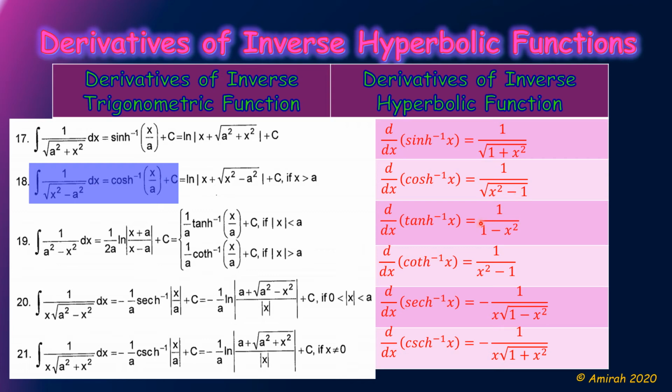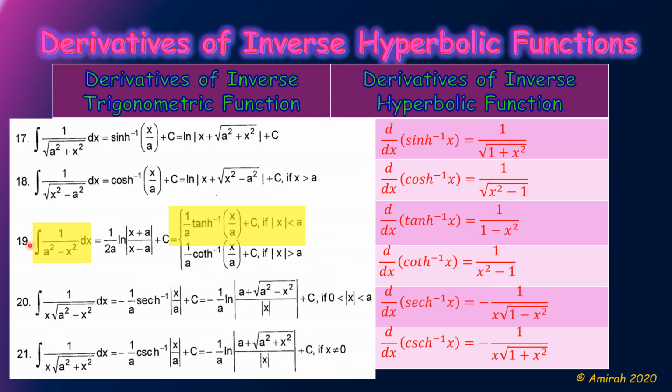Then to find the formula of inverse tan x, we can refer to appendix formula number 19. From this formula, we replace a by 1. If we want to integrate 1 over a squared minus x squared, it becomes 1 over a inverse tan x over a.